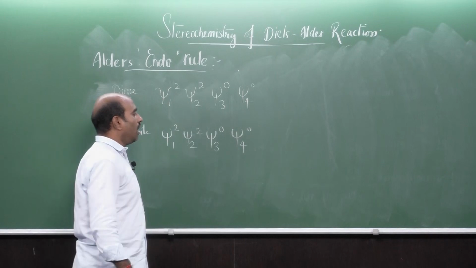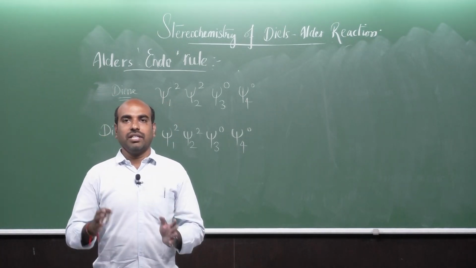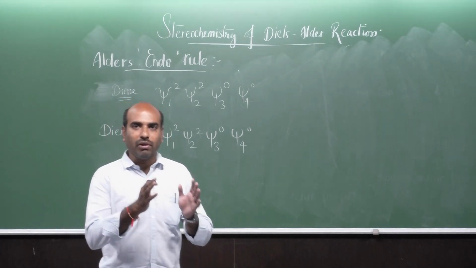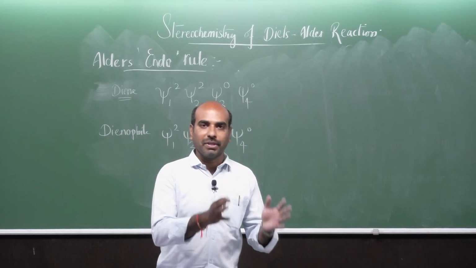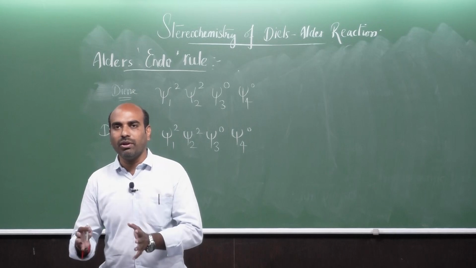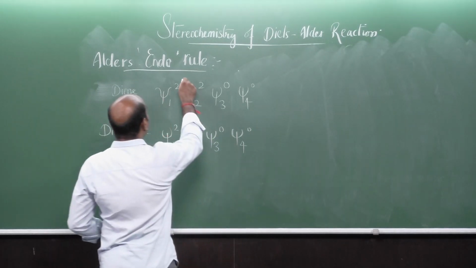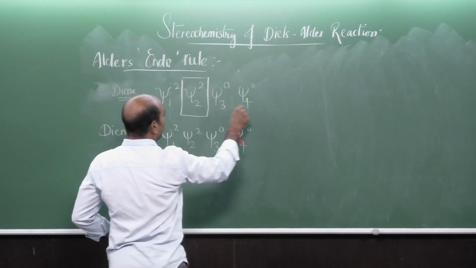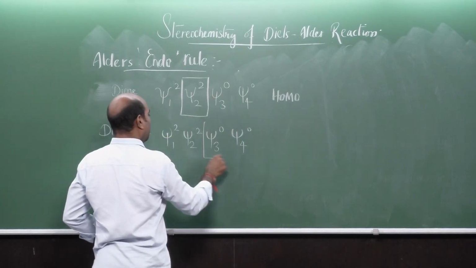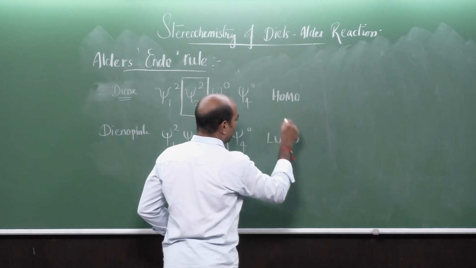We all know that the Diels-Alder reaction is a thermally allowed reaction, right? Therefore, you have to choose the HOMO from the diene under ground state conditions and the LUMO from the dienophile in the ground state conditions only. Therefore, the HOMO is psi2 from the diene, and the LUMO from the dienophile is psi3.